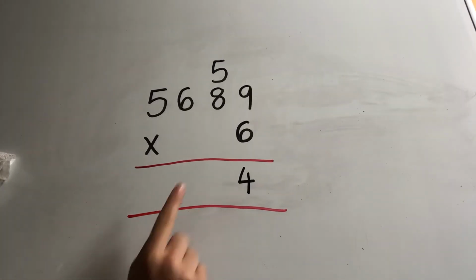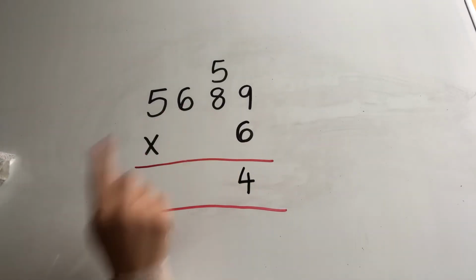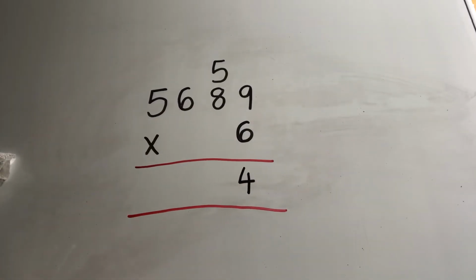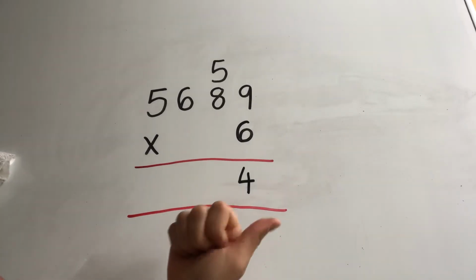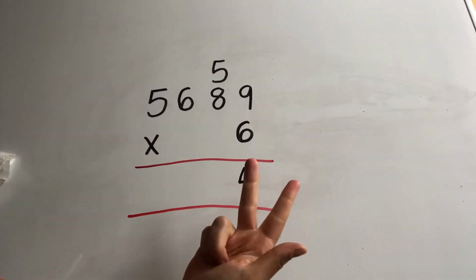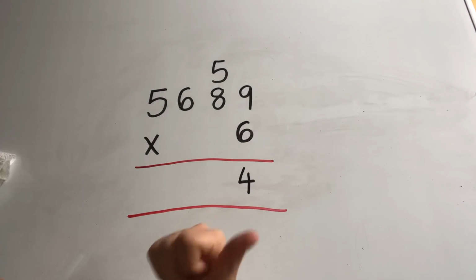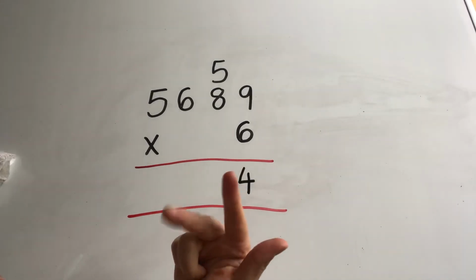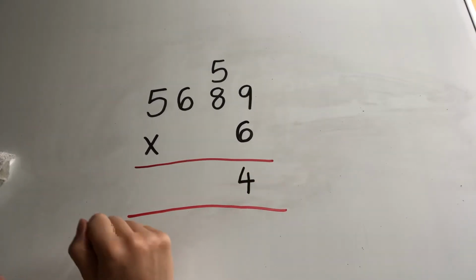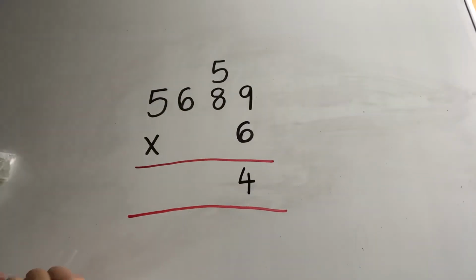So as you can see here, 6 groups of 8. So I'm going to skip count again as well. So I'm going to do my 6 times tables because I feel more confident with those. 6, 12, 18, 24, 30, 36, 42, 48. So I need to do 48 add 5, which is 53.